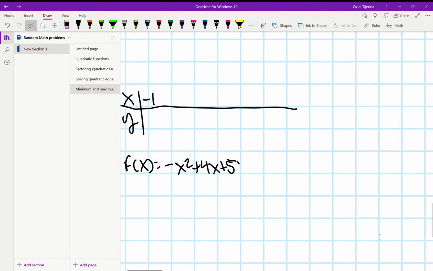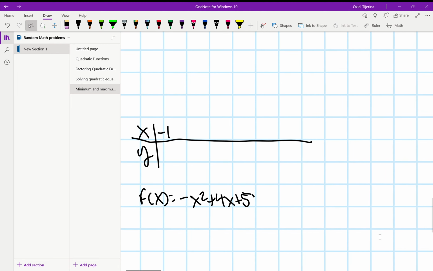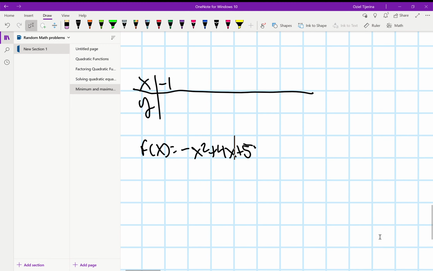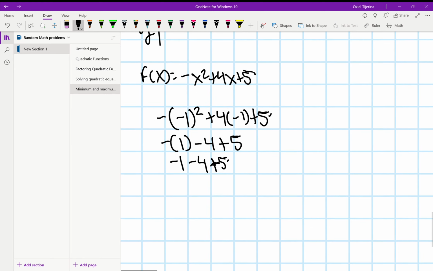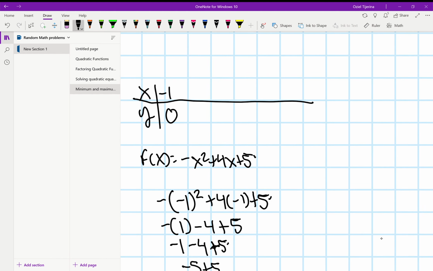And we want to know what it would equal for -1, so it'd be negative the quantity -1 squared, plus 4 times -1 plus 5. So then it would be negative the quantity 1 minus 4 plus 5. So then we would have -1 minus 4 plus 5. And this would be -5 plus 5, and this would be 0. So this one would be 0.